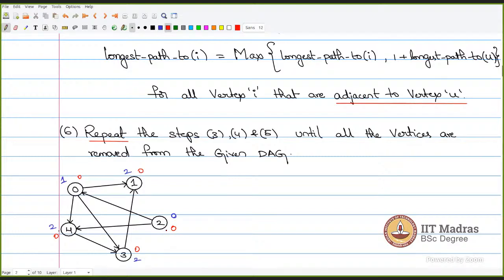So what we do is we remove 2 as well as the edges which are incident to 2.